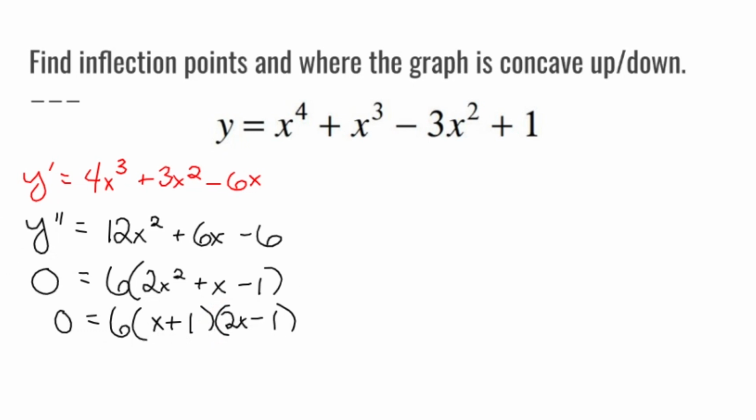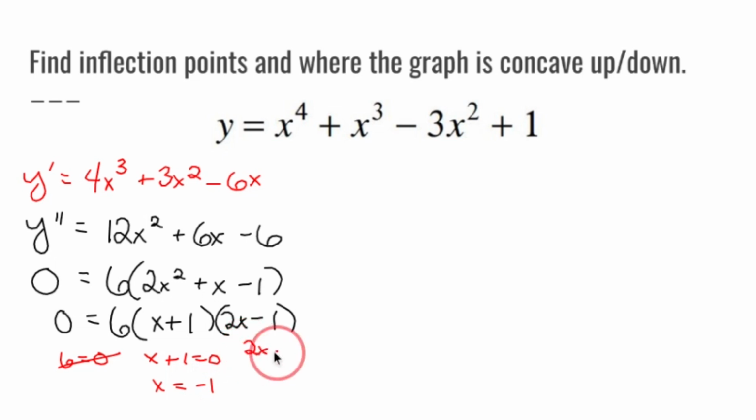The zero product property says that when you have factors multiplying to equal 0, you set each one equal to 0. If I have x plus 1 equals 0, then one of my inflection points is negative 1, if I subtract 1 from both sides.